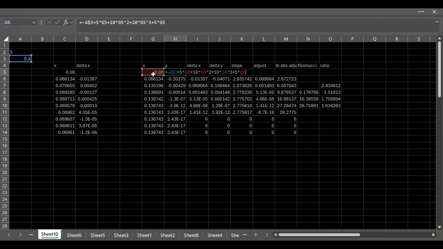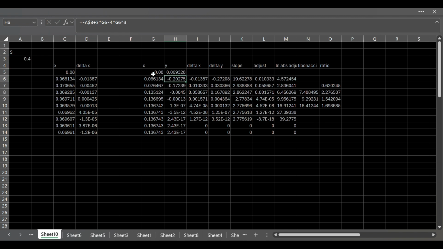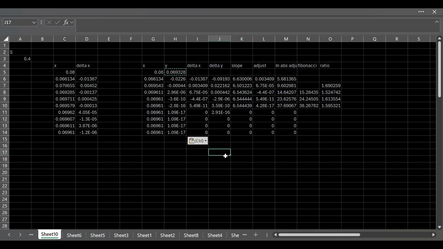We type all that in correctly and bring it down. That's all we'll have to do to solve a completely different problem. Okay, it worked. Now we're solving for a fifth root.